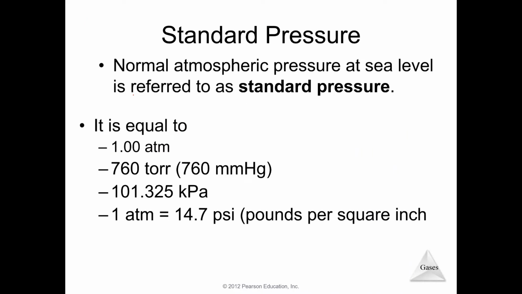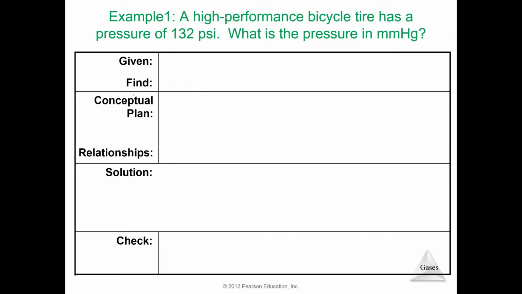Standard pressure, right, is equal to 1 atmosphere, 760 millimeter mercury, and that is 101.325 kilopascal. And 1 atmosphere is equal to 14.7 pounds per square inch, psi. Now, these are simple conversions.